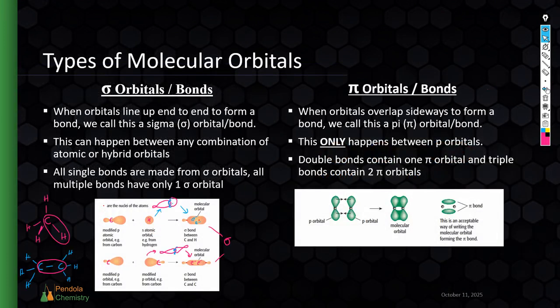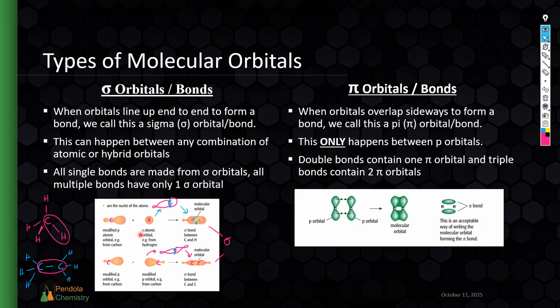Not only that, you could also be asked to draw the overlap of the orbitals that leads to the sigma bond. And in this case, you will draw what I have drawn here. Not the fully formed molecular orbital, but the two atomic and hybrid orbitals, whichever version it is, overlapping with each other but not fused together.